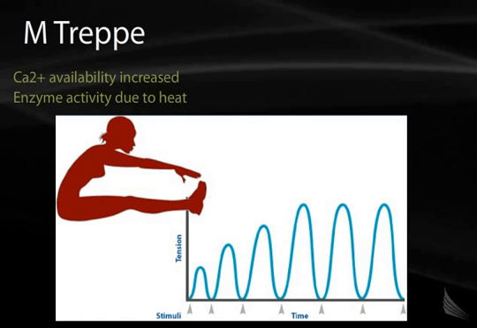The other phenomenon that's likely responsible for the increase in muscular strength is the increase in the activity of all of the proteins involved because of the heat generated by muscular contraction. Whenever ATP splits and releases energy, only a portion is used to power the muscle contracting. The rest is released as heat.